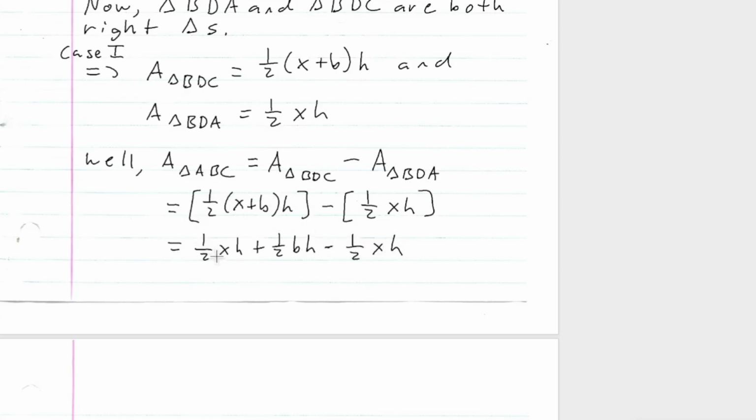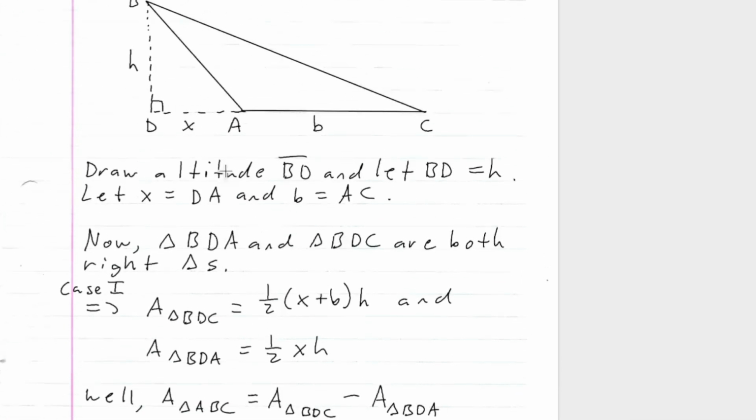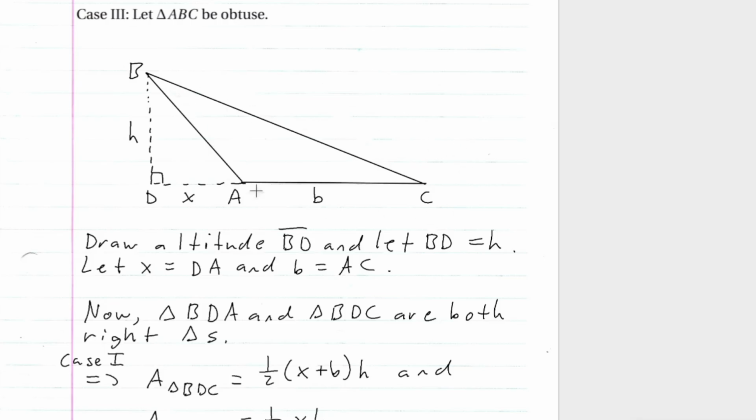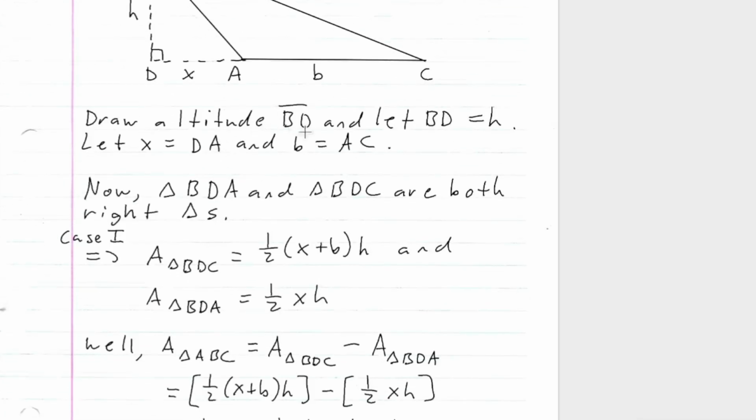So then we have 1/2 XH minus 1/2 XH, so we're just left with 1/2 base times height. So the area of this obtuse triangle ABC is 1/2 the base of that triangle times the height.